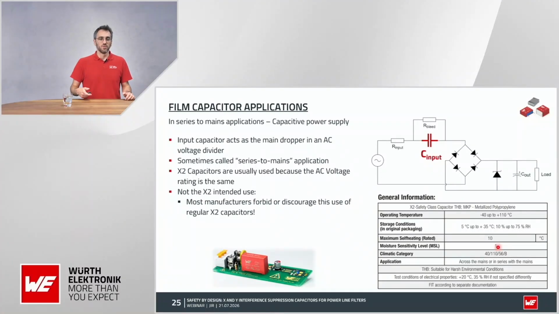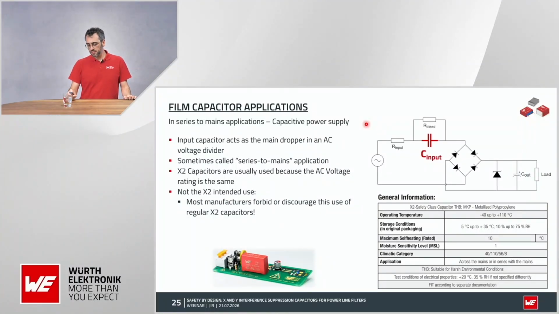This type of application, sometimes called capacitive power supply or transformerless power supply, is where we have the capacitor connected in series to the mains, and then there is a rectifier, and this is a very simple AC/DC converter, which is low part number, low cost. And the problem is that the capacitor is acting as an AC voltage dropper, taking the burden of most of the mains voltage.